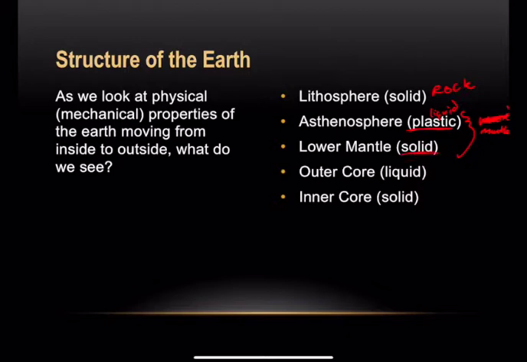Why is it becoming more like a solid? Even though as we go in this direction, remember, temperature is increasing, right? Temperature is increasing as we go to the inside of the Earth. But at the same time, pressure is increasing. So as the pressure is increasing, we're pushing those elements closer and closer together. Liquid mantle is getting pushed closer together because of pressure, and it becomes a solid, even though it's hot. The same thing happens with the core.